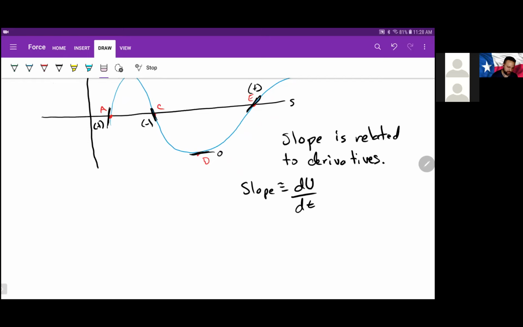So we know that a joule is a kilogram times meter squared per second squared, divided by a meter. So this meter and one of these are going to cancel out, and I end up with units of kilogram times meter per second squared, which is a Newton. So the derivative of the potential with respect to position is going to give me force.